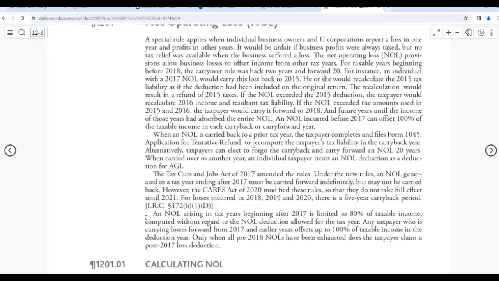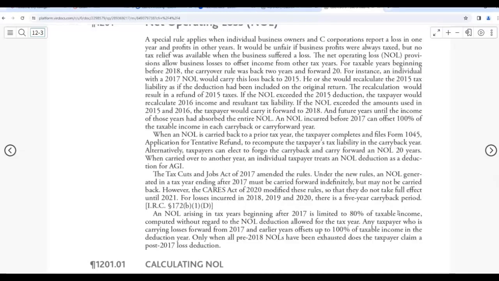Okay. The net operating loss arising in tax years beginning after 2017, which is 2018, is limited to 80% of taxable income. So in 2017 and before, it was 100% applicable to cover all your profit.